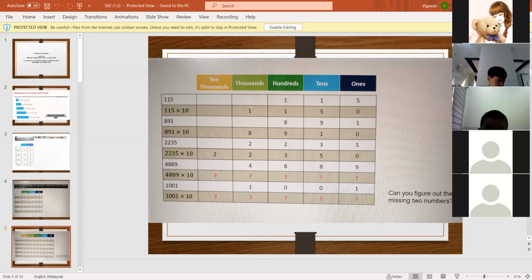Okay. So here, 115. Let's say the 115 you multiply with 10. Here, one is in hundreds place and one more one is in tens place and 5 is in ones place value. Correct or not? When you multiply by 10, how many zero you need to add at the back?